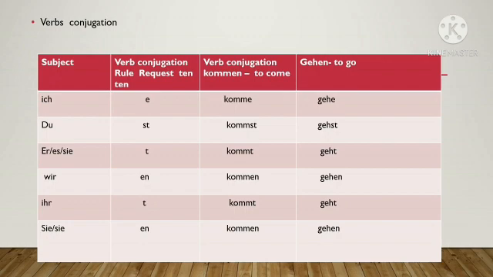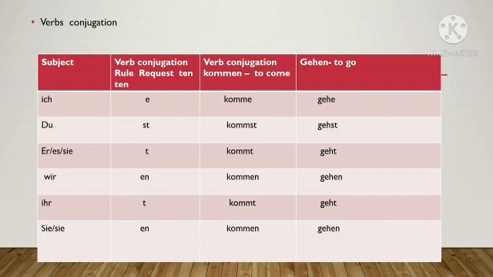If the subject is du, then you have to remove the en first, and then add st. If the subject is er, es, sie, then you have to add t, so komm plus t, kommt. Wir kommen: we remove en and add en, so it will be as it is. If the subject is ihr, then you add t, kommt.